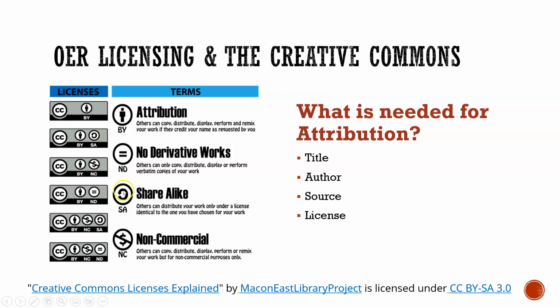This is an educational resource, a Creative Commons resource right here, and I have this attribution for it at the bottom. And you'll notice all those things here. So we have the title, Creative Commons licenses explained, by the author or creator, Macon East Library Project, and the license here, the CC BY Share Alike 3.0 license.